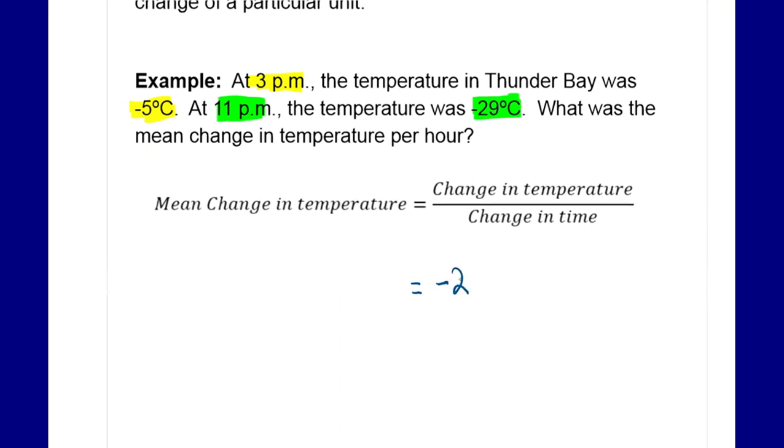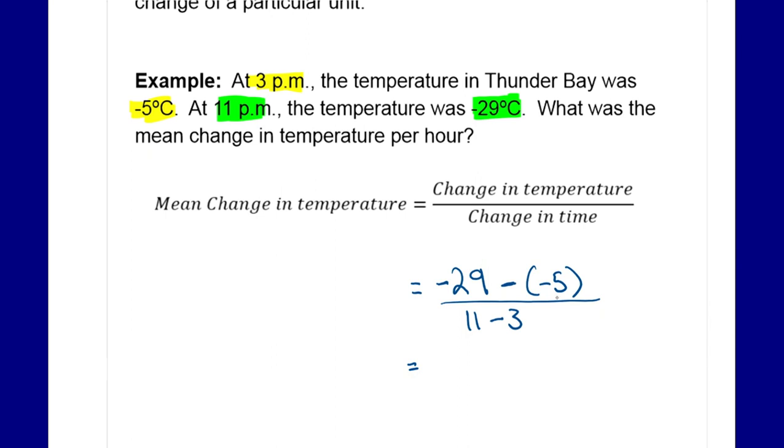So when we're trying to find the change, we start with what our most recent value is. So in this case, negative 29. And we're going to subtract what the original value was, or minus 5. So when we talk about the change in temperature, we want to see what did it change by. So negative 29 minus negative 5. And we're going to divide that by the change in time. So 11 minus 3, because the newest time is 11 p.m. The original time was 3.